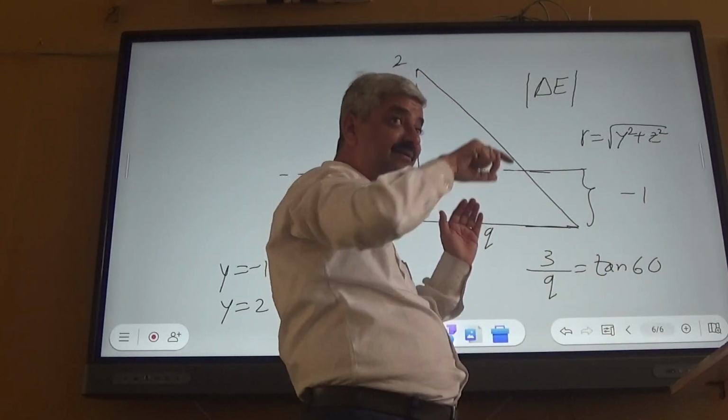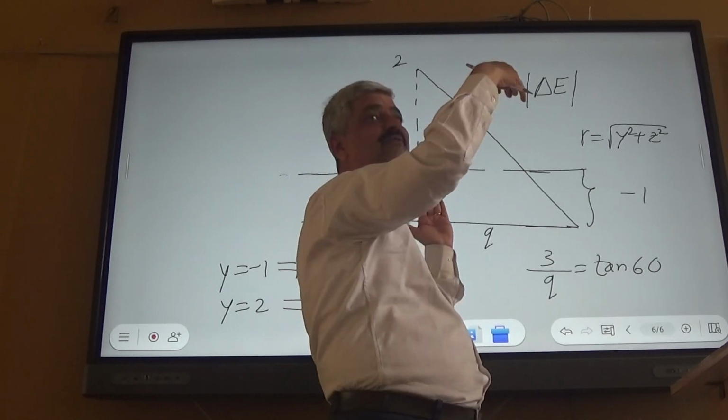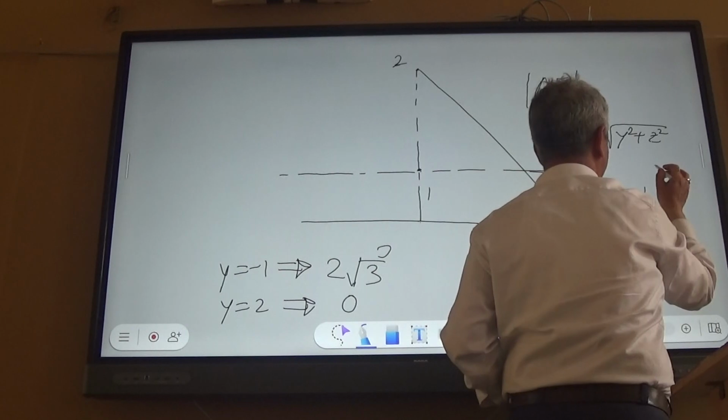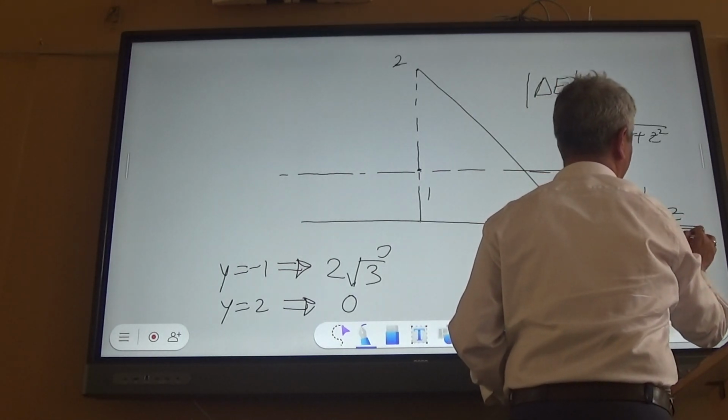आणि z कंपोनंट किती येईल? z upon, so z component would be z upon under root y square plus z square.